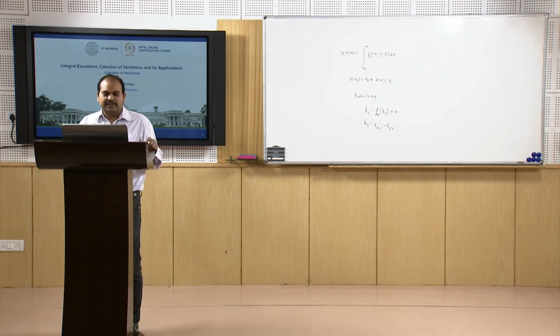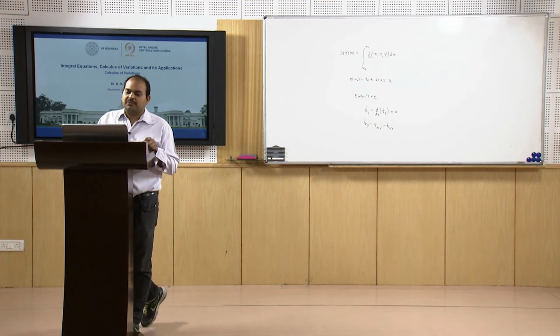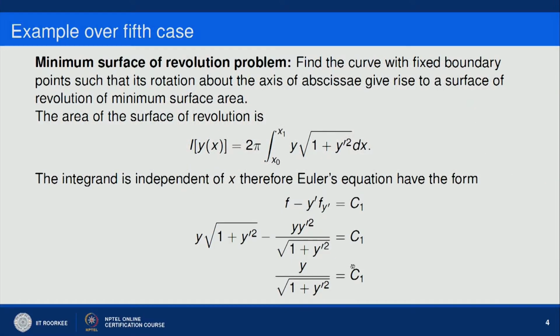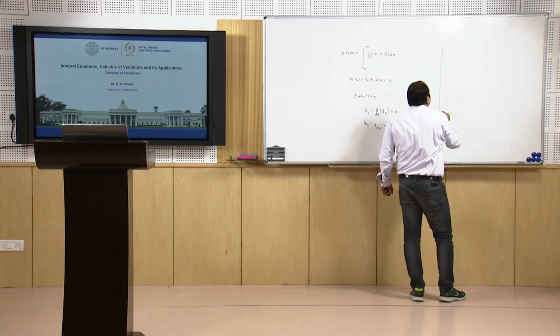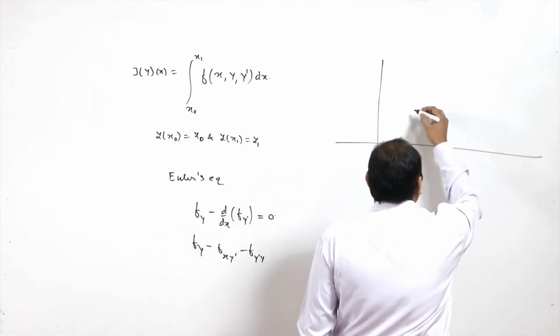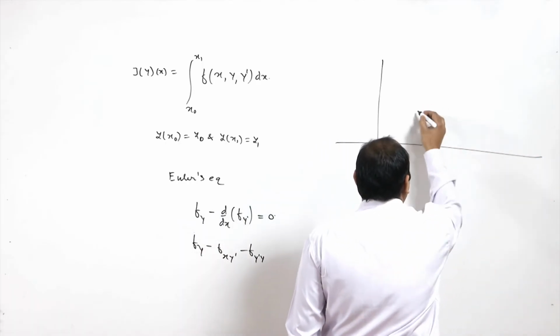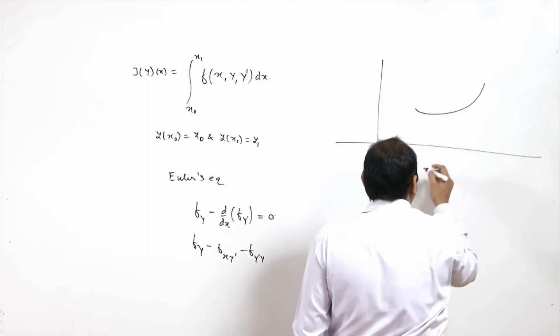So the example is the minimum surface of revolution problem. Here the problem is to find the curve with fixed boundary points such that its rotation about the axis of abscissa gives rise to a surface of revolution of minimum surface area. For example, I think we have already discussed this problem. Let us say that we have a curve like this.